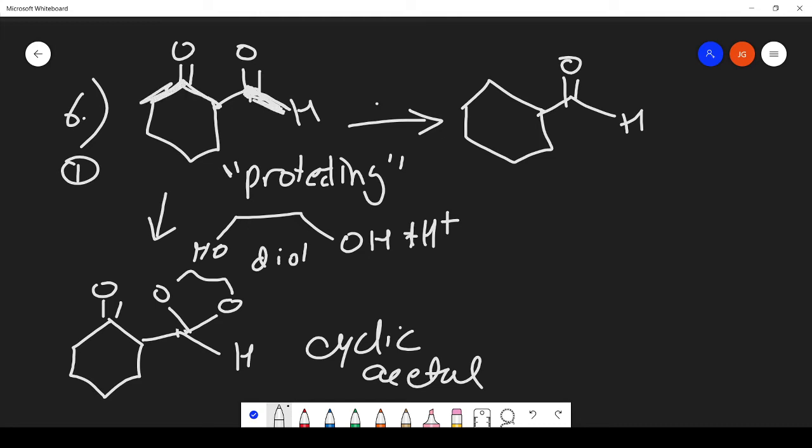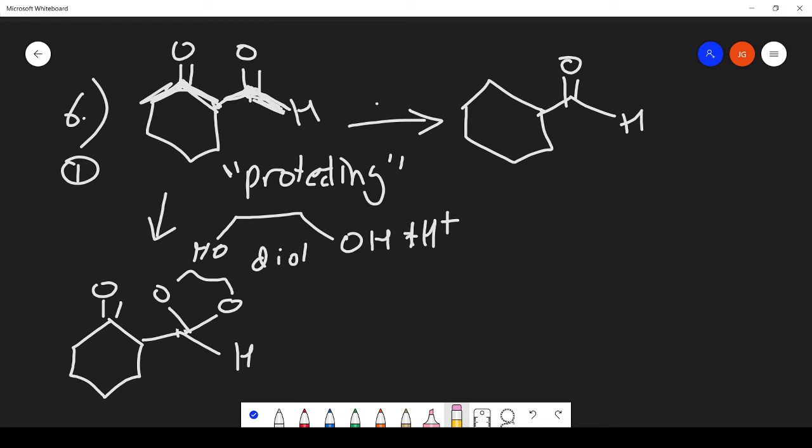Over here, we have charge being distributed over 3 carbons. Over here, it's only 2. And so the carbon on an aldehyde will be much more reactive than a carbon on a ketone. So now we can react this carbonyl with something and not have to worry about it attacking the aldehyde, because we've protected it using a diol. We've made it into something else, and now it's protected.